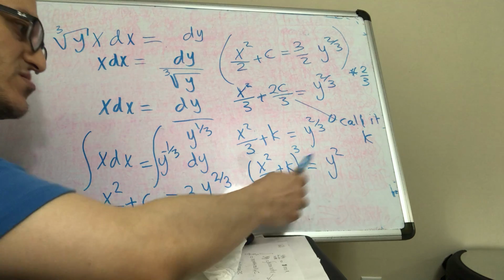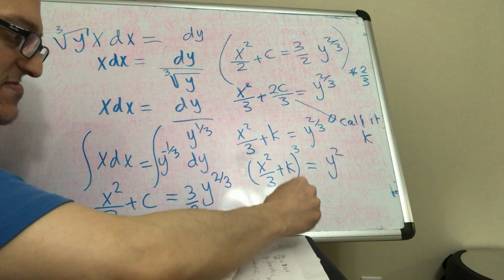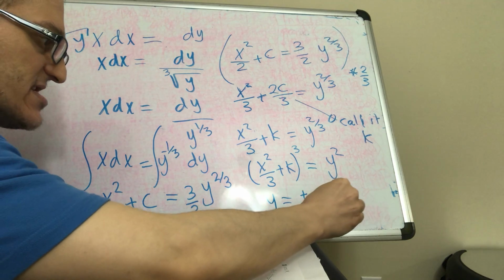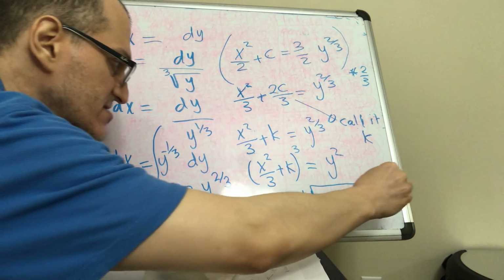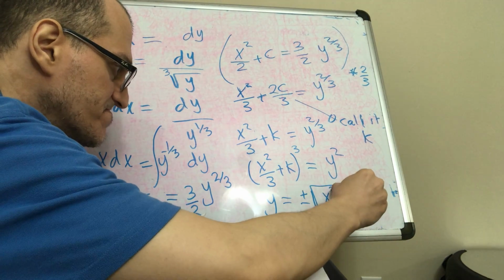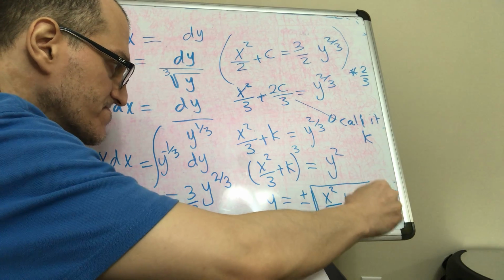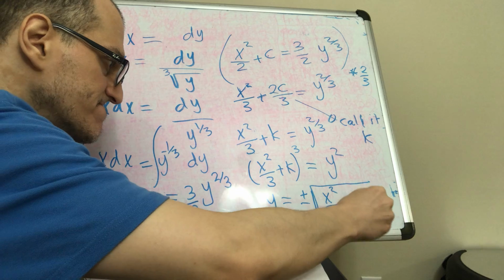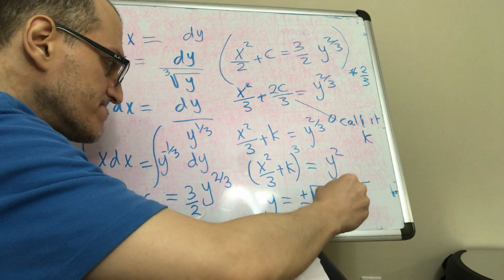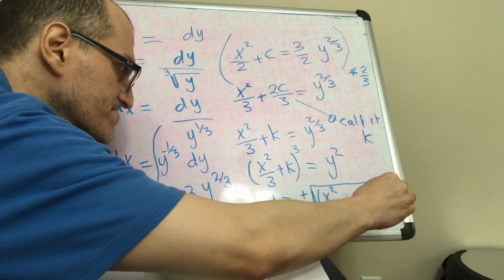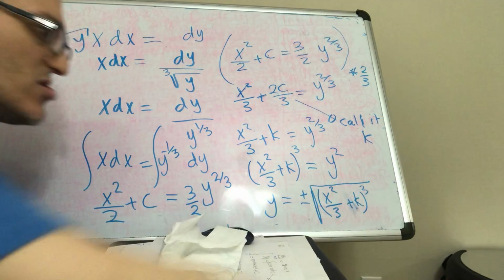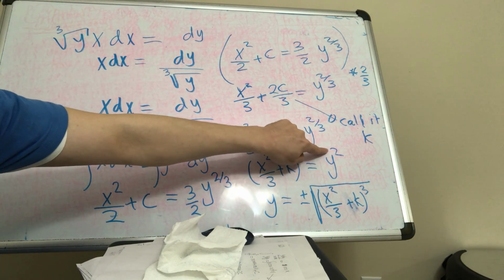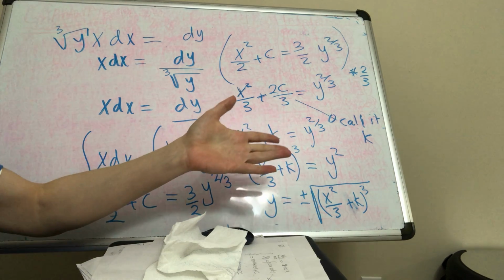Now, to isolate the y, you say y would be positive, negative, the square root of this. And obviously, only when it's an even exponent, you need to do the plus minus.